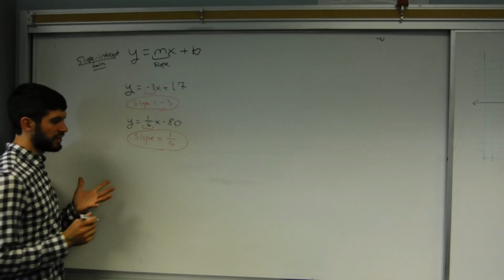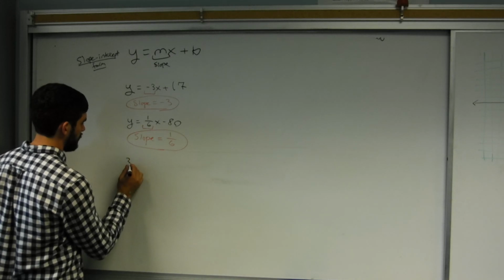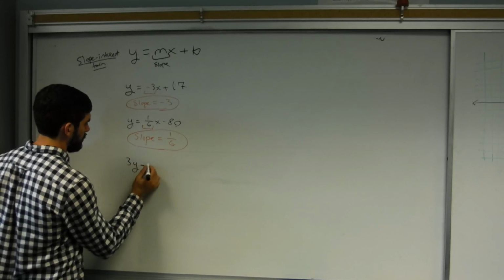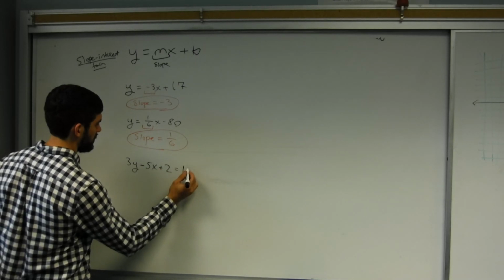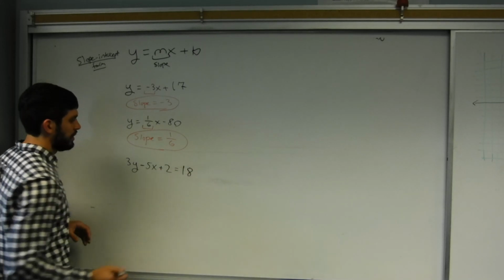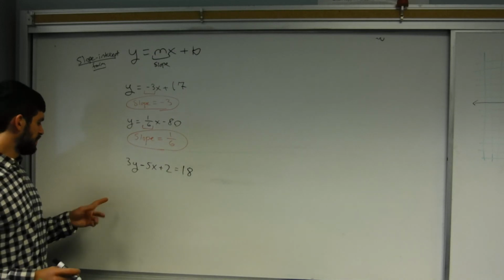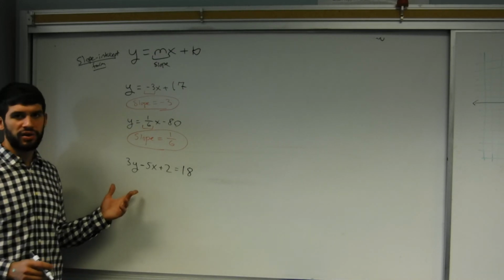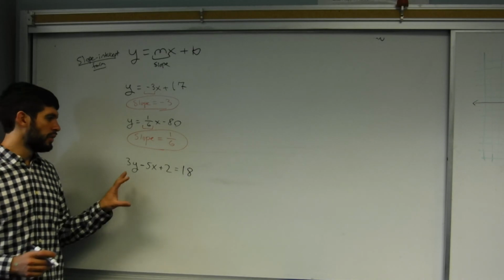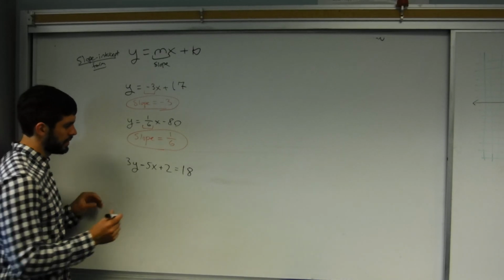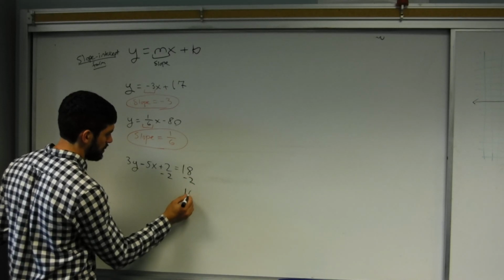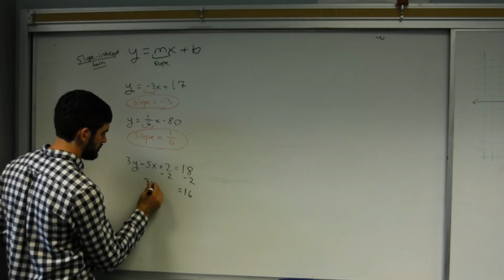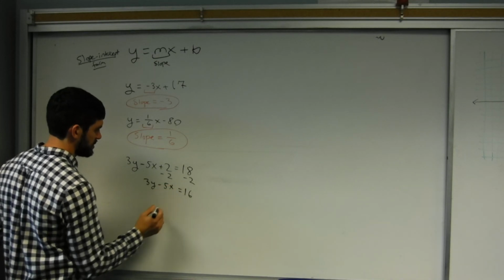It gets a little bit trickier if we have, say, 3y minus 5x plus 2 is equal to 18. If we have a linear equation that is not already in slope-intercept form, we have to put it in that form. So we could start by subtracting 2 from each side. We get 16 is equal to 3y minus 5x.